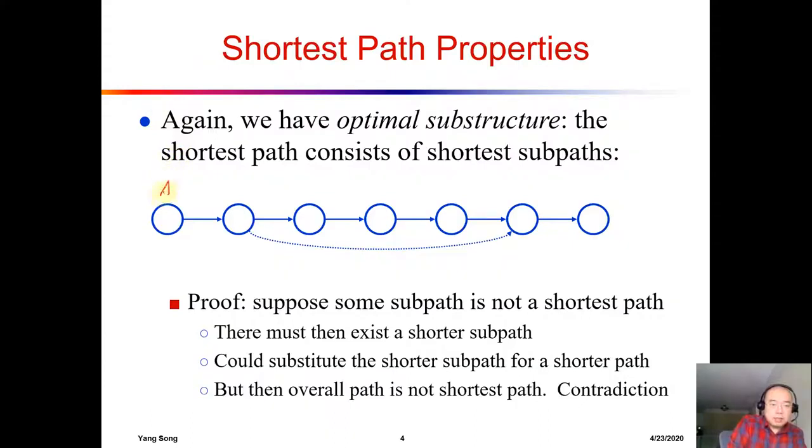Let me name it A and then B. If from A to B we have already found the shortest path, and that path goes from A to C and then to B, then the path from C to B is a subpath of the path we have found from A to B. Since A to B is already the optimal shortest path, the subpath from C to B is also optimal.